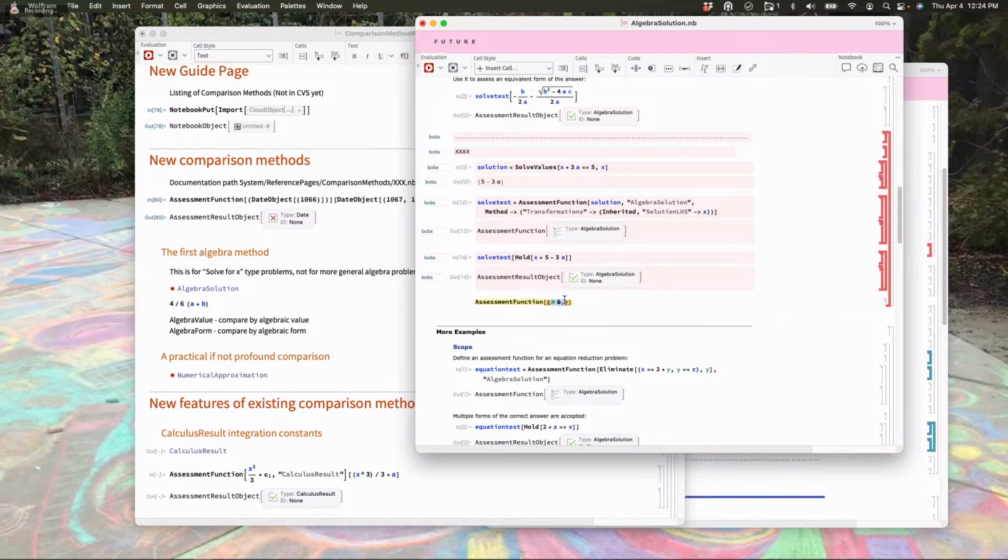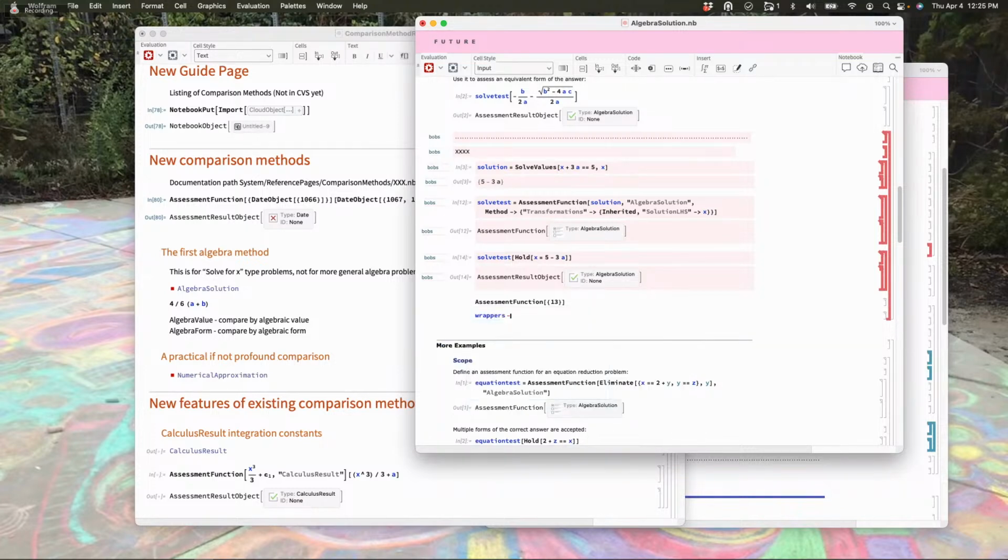Type assessment function of 13. You could either have 13 or x equals 13, or you could have something where you say, basically wrappers, and then it's either hold of hash ampersand, or it's hold of x equals hash ampersand, whatever else.